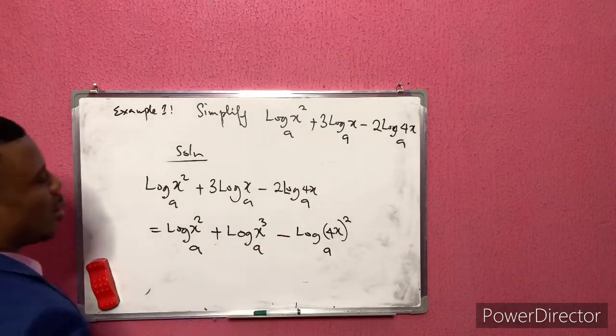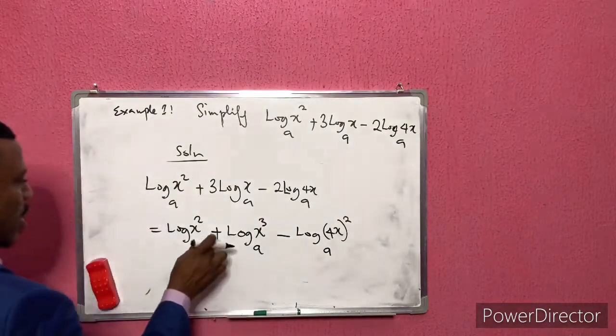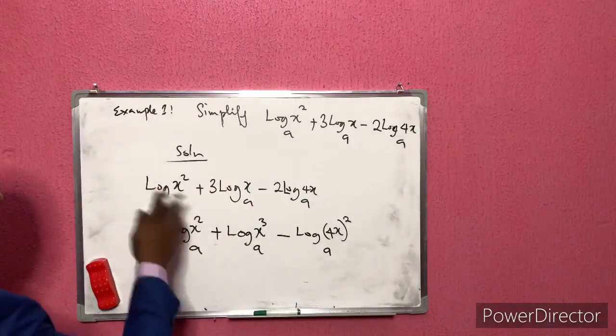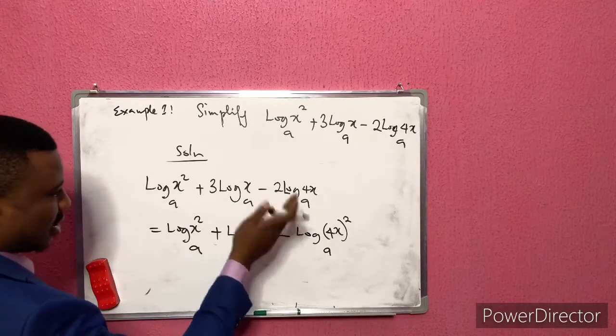Now, as it's like this, you obey rules number 1 and 2 combined together. Addition is multiplication and subtraction is division.